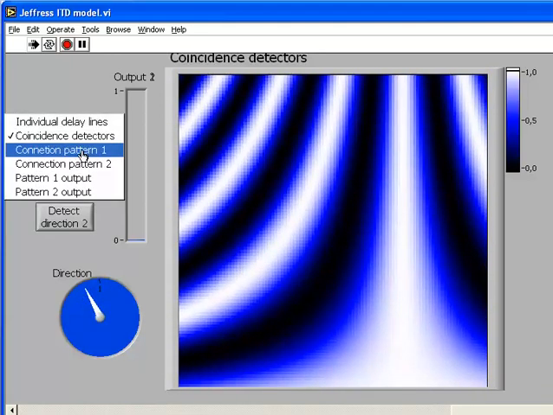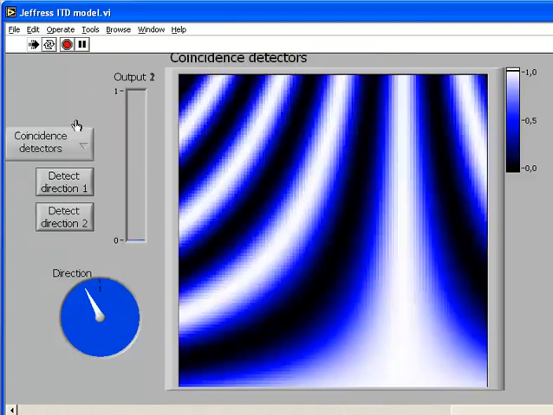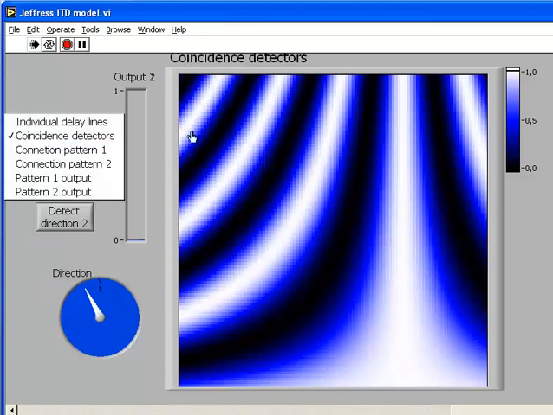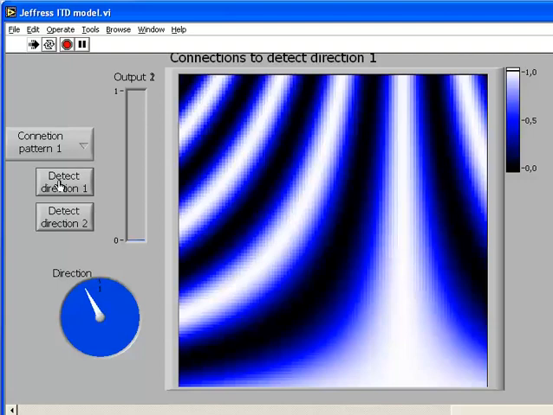So if I look here at connection pattern 1, I haven't got anything. But my input looks like that. So if I now say that this input is something that I want to recognize, I now give a command for my model network to learn, and it reproduces the input pattern.